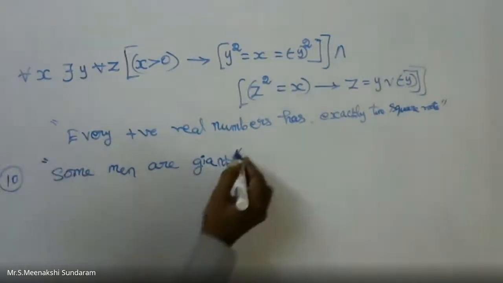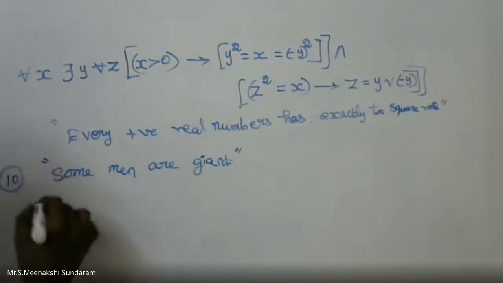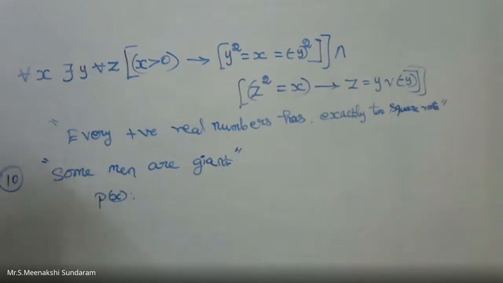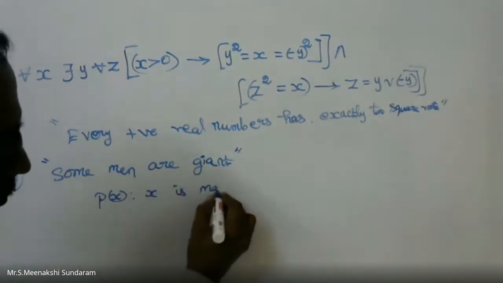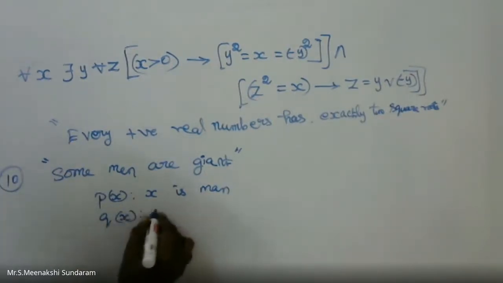How to convert it into symbolic form? For some, the existential quantifier will come. P of x: x is a man. And Q of x: x is a giant.